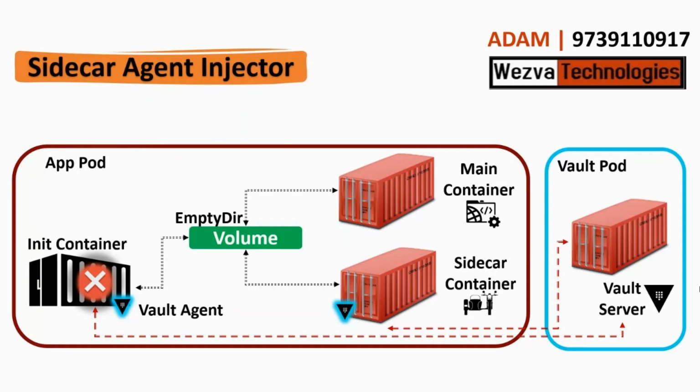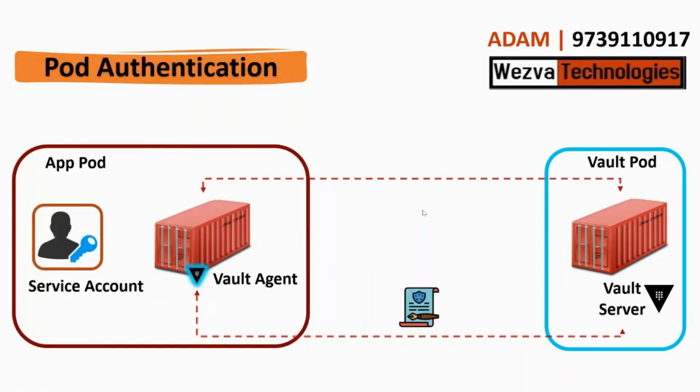Now, this covers only two points. That is, your application is separated from collecting the data, and whenever the data gets updated in the server, your application also receives it without redeploying. But what about the third part? That is, in DevSecOps, you need to focus on the security of who is doing what.